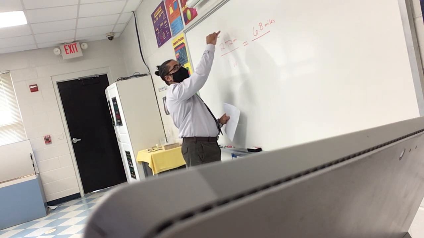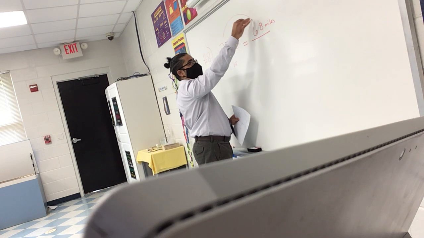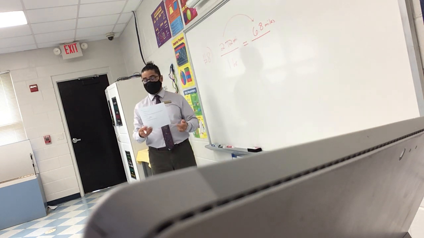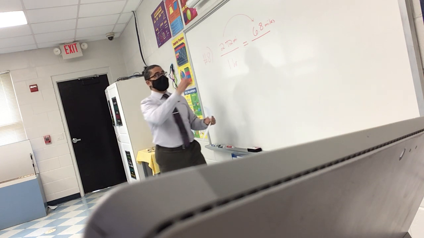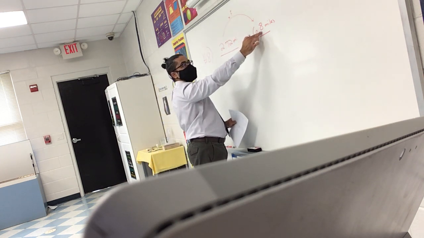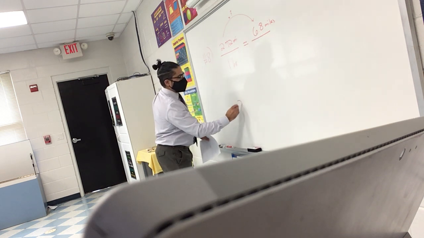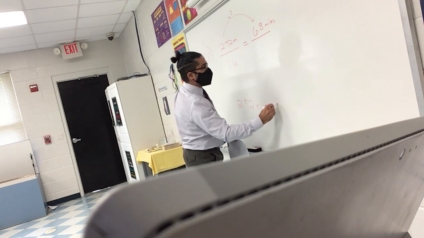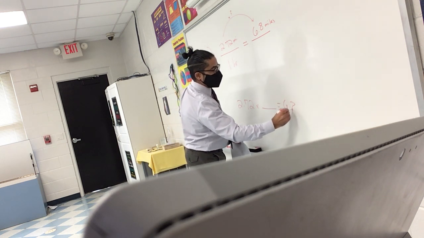What do I have to multiply 2.72 by to get 6.8? This multiplied times this equals this. Let me write it like this: 2.72 times blank equals 6.8.